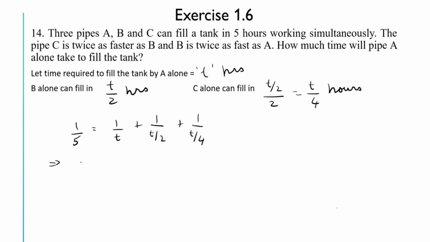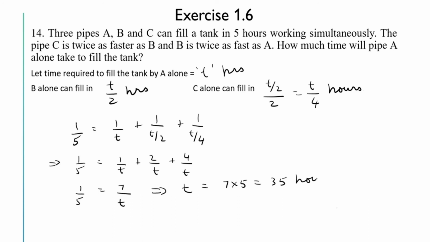Or we have 1 by 5 is equal to 1 by T plus 2 by T plus 4 by T. Here T is the LCM and in the numerator we have 1 plus 2 plus 4. So we get 1 by 5 is equal to 7 by T. So from this if we cross multiply, we get T is equal to 7 into 5, that is equal to 35 hours.